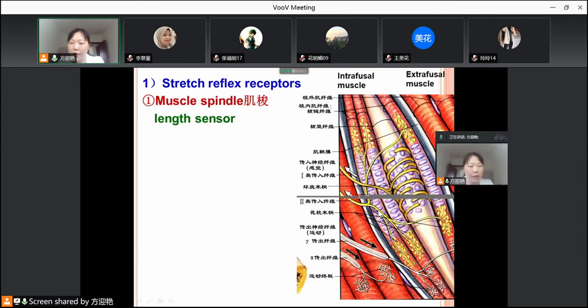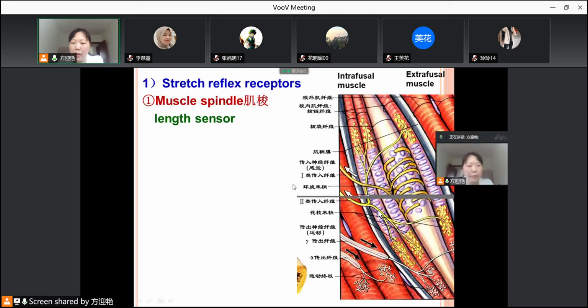If the muscle's length changes, the muscle spindle is excited or inhibited. We have learned that the muscle spindles lie within the skeletal muscle, which we call the intrafusal muscle.